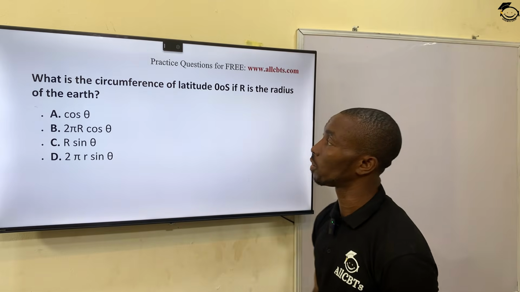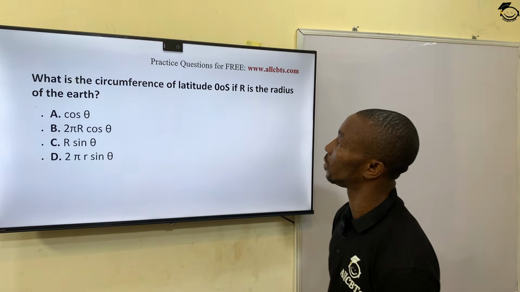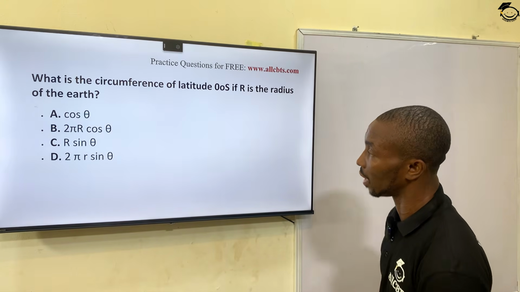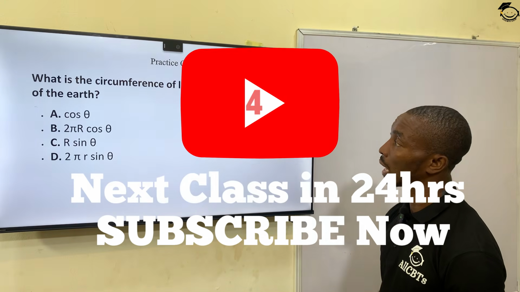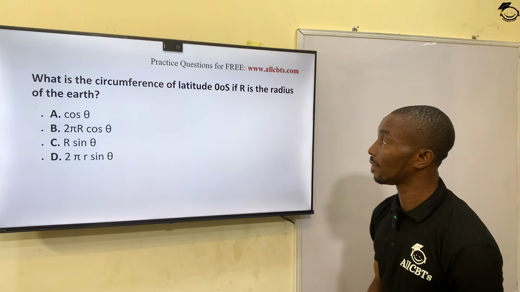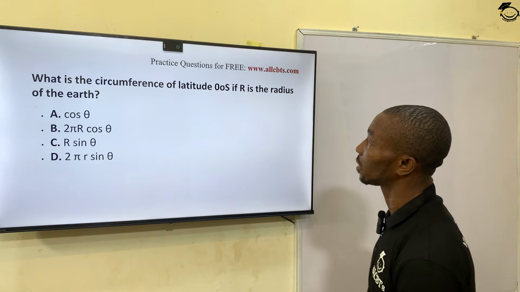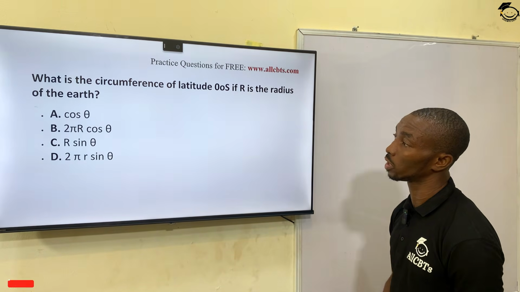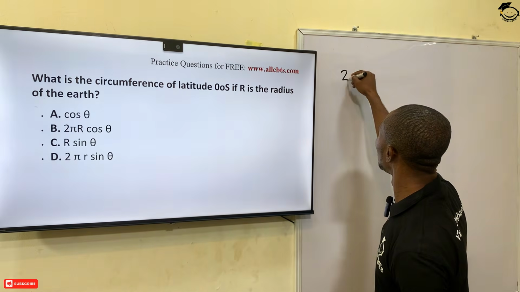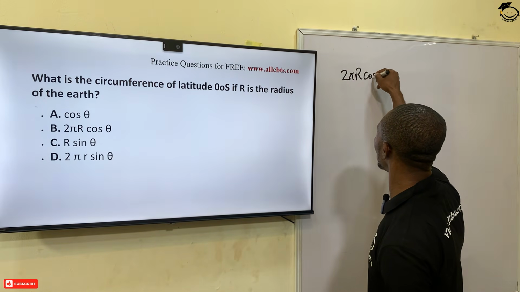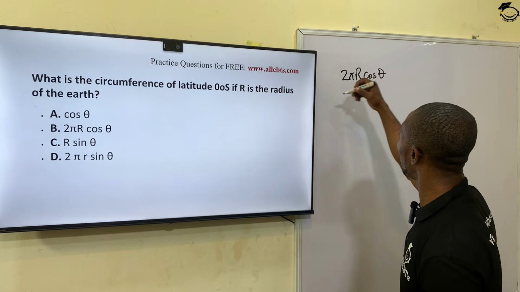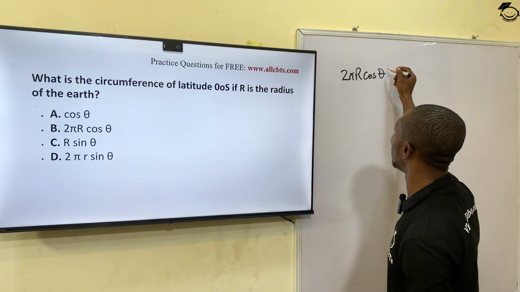What is the circumference of latitude 0 degrees south if r is the radius of the earth? Now, we know that latitude 0 degrees is our equator. So if we are looking for the circumference of latitude 0 degrees, which is our equator, we'll be using the formula 2 pi r cos theta, where theta is our degree, and r is the radius of the earth.